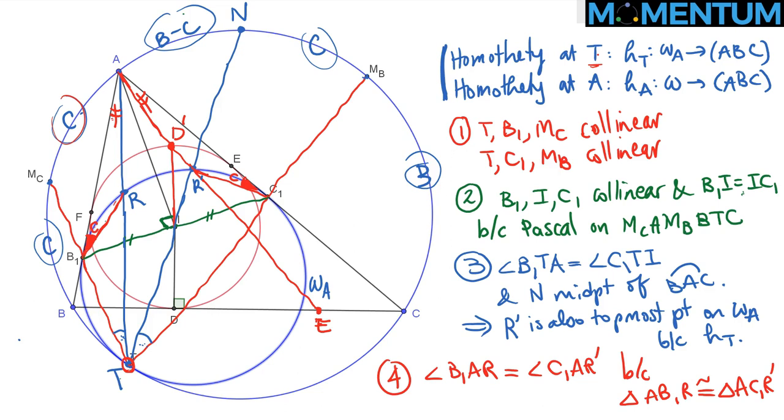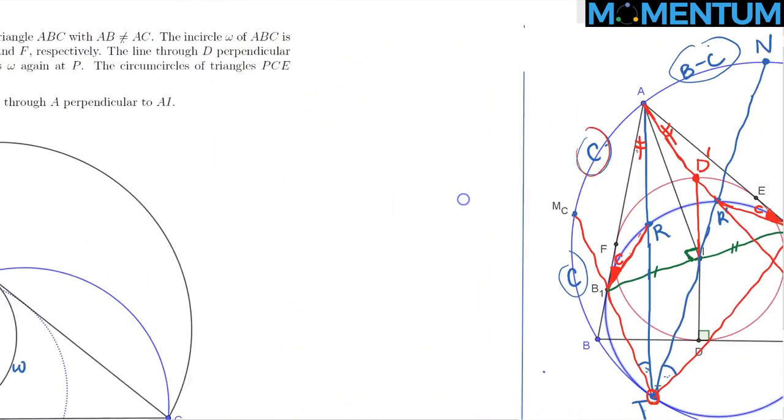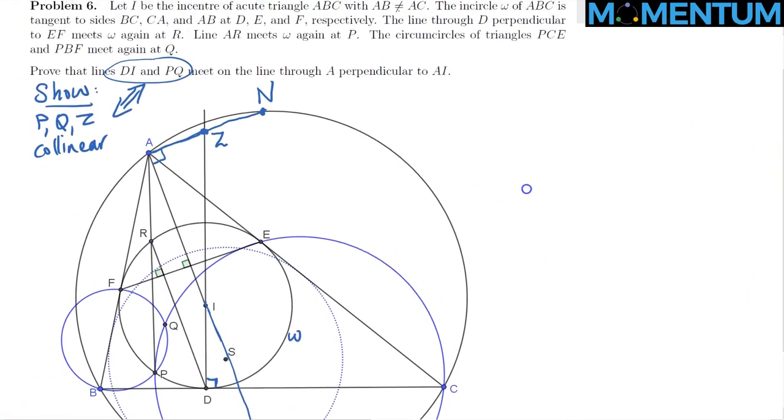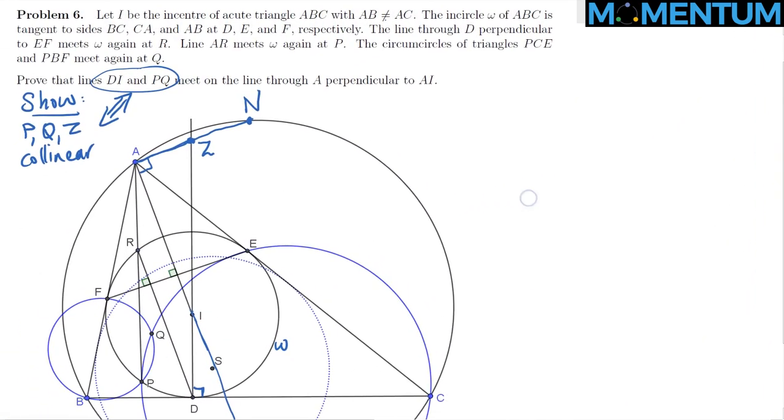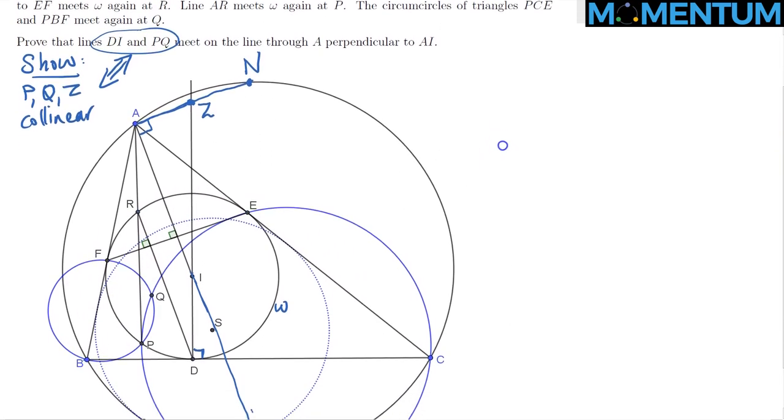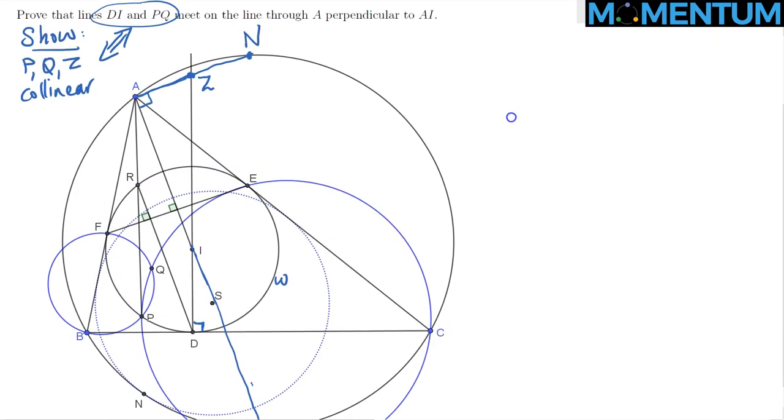Okay, so it's been quite a while now, so let's go back to our problem and let's wrap up our solution. So now going back to this problem, you guys can see that I have a dotted circle here. Let me just move this a little bit up. Let's remember the problem again, because we stated the problem early on. So triangle ABC, I is the incenter, the incircle is omega.